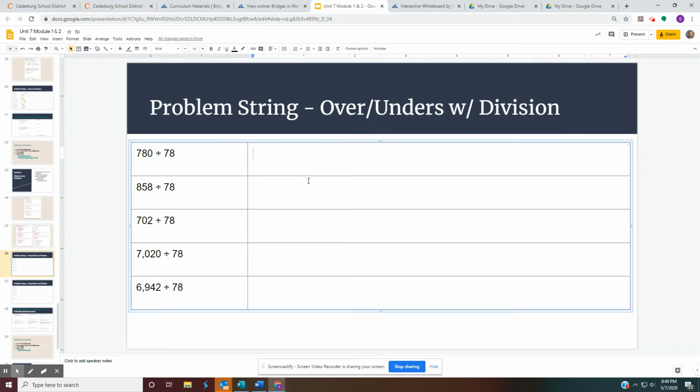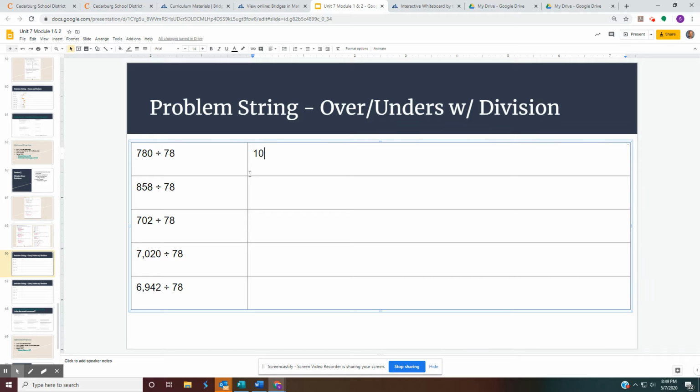And we know that when we do that, we get 10 as our answer, right? Because 78 times 10 equals 780. So we're going to use that information to help us with the lower problems in our problem string.